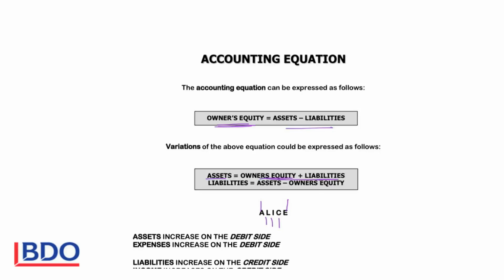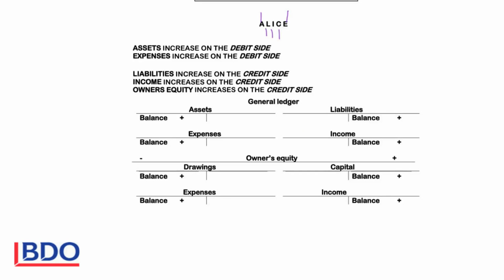Whenever you do ledger accounts or the accounting equation, it is very important to think out every transaction according to these rules. Assets and expenses increase on the debit side. Income, liabilities, and owner's equity increase on the credit side.